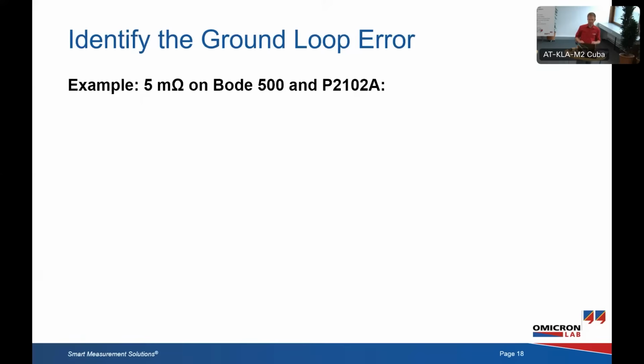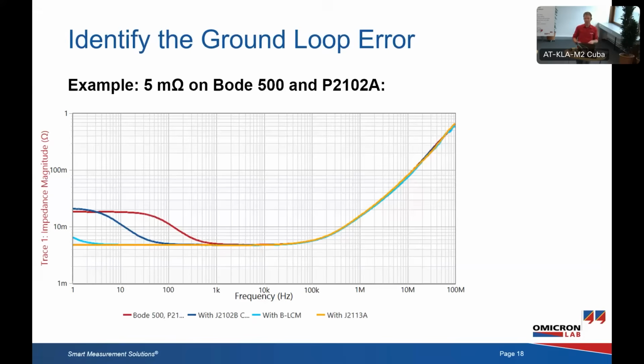Now, how can you find such a ground loop? I did an example measurement on the exact setup that you can see here. So it's Bode 500, P2102 two-port probe, and the ground loop isolator of Picotest. And depending on what ground loop isolation is used, a 5 milliohm resistor has a different result at low frequencies.